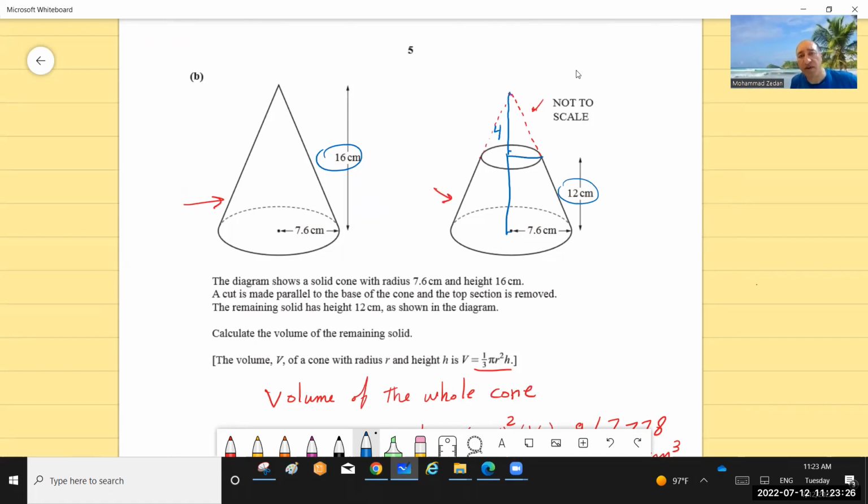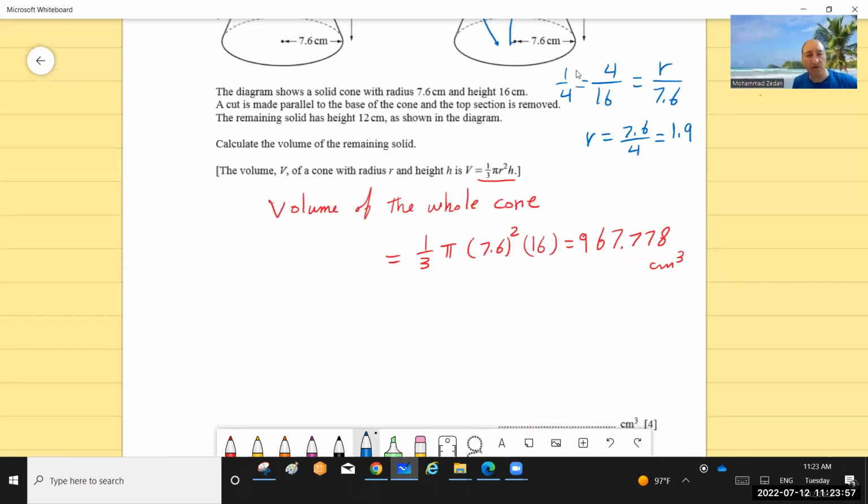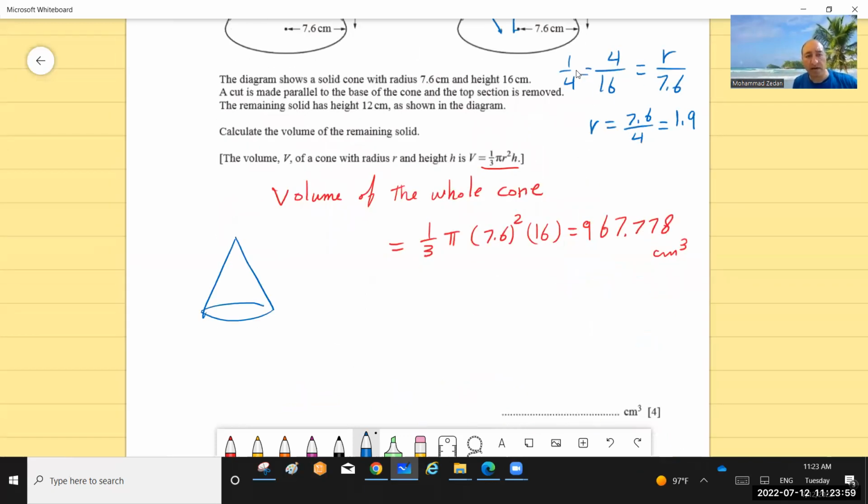So the ratio between the heights is the same ratio between the radii. So 4 over 16 is the same as this R over 7.6. Again, 4 over 16, which is 1 over 4, is the same as R over 7.6. So you can find R by dividing 7.6 by 4, which gives you 1.9. So this small cone, the removed one, has radius 1.9 and height 4.